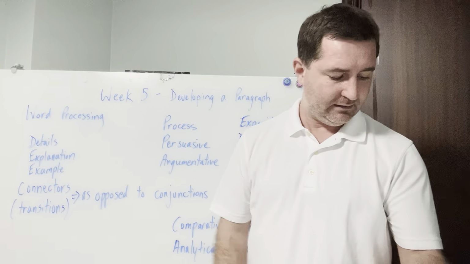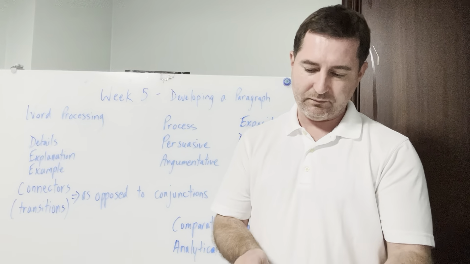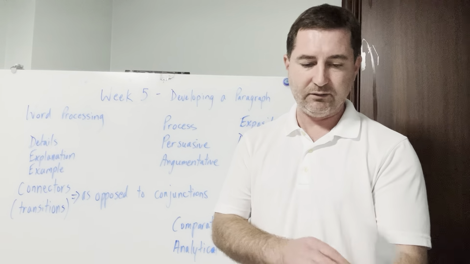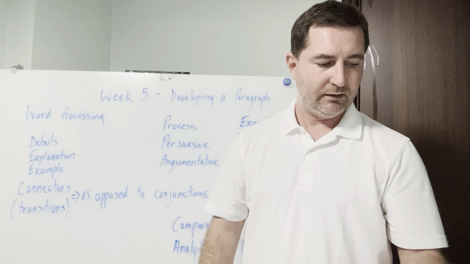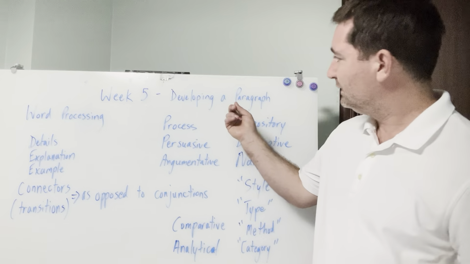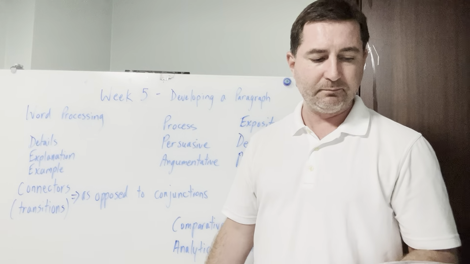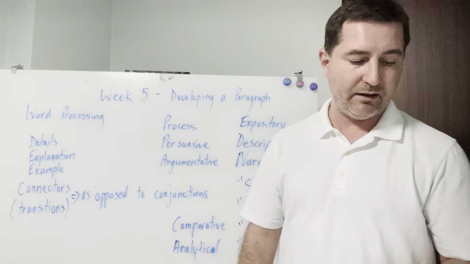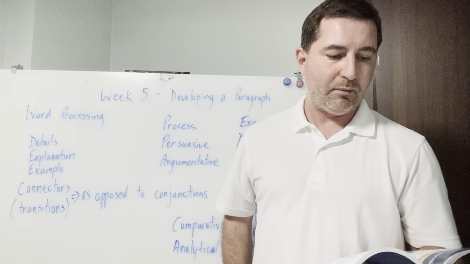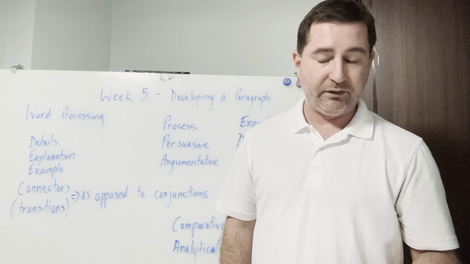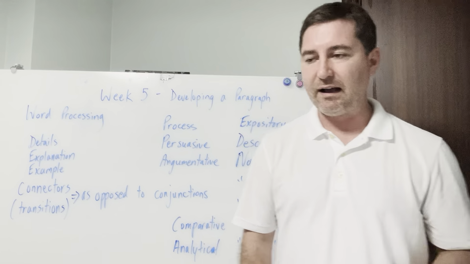We're going to talk about the textbook a little bit, chapter 3, which has a similar title to my lecture here: developing a paragraph. They say the development of a paragraph. There are many different types of paragraphs.